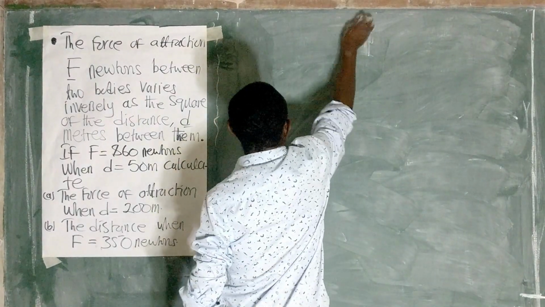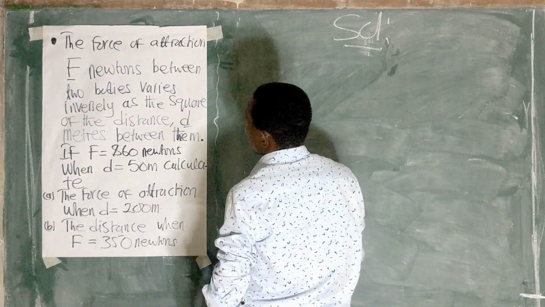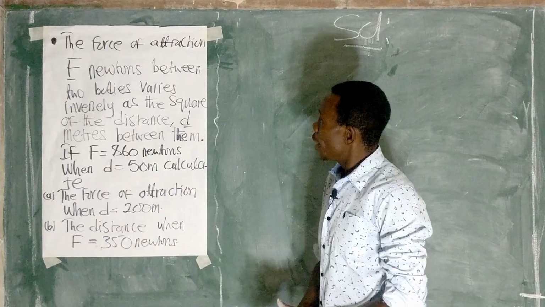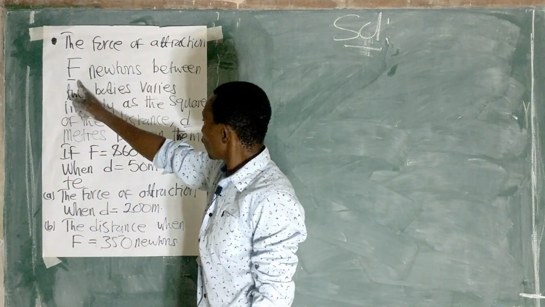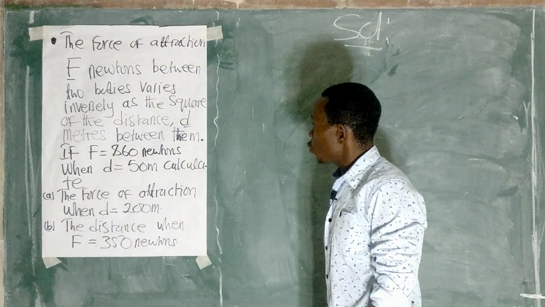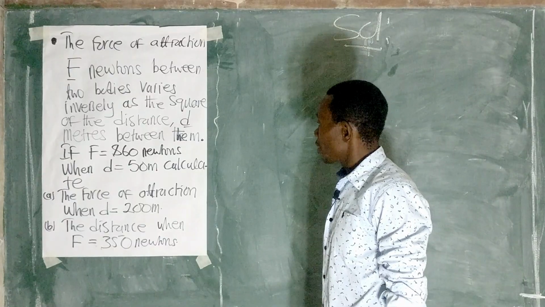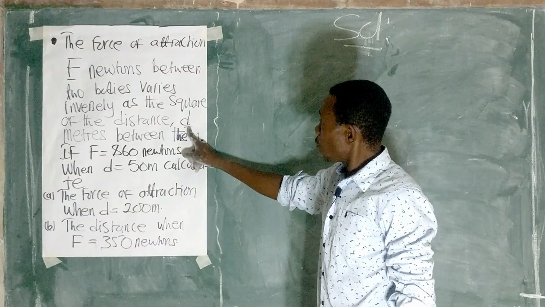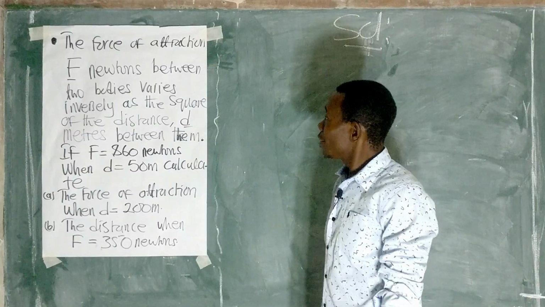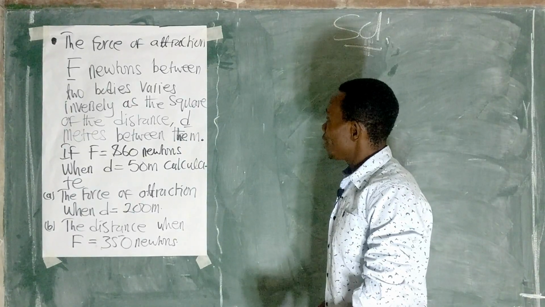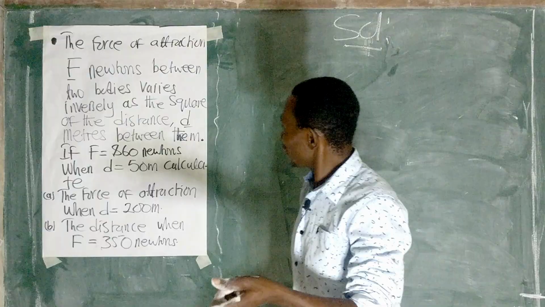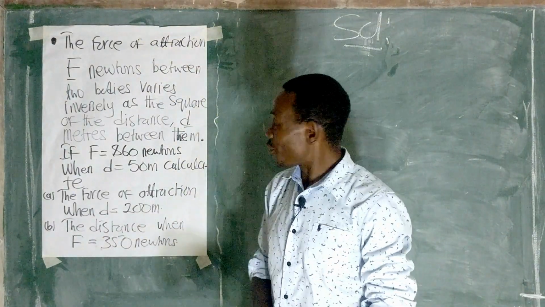Right? So here we are. Solution. Force of attraction is represented by capital letter F. This one is in relation with the distance, which is d. So how is the relation like? We are told that the force is inversely proportional to the what?